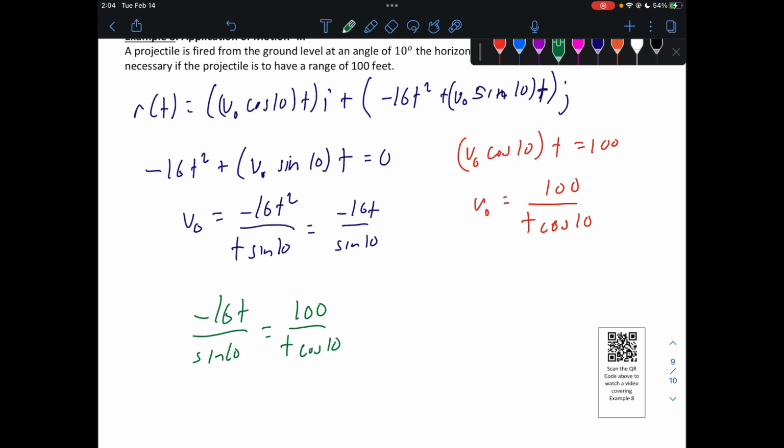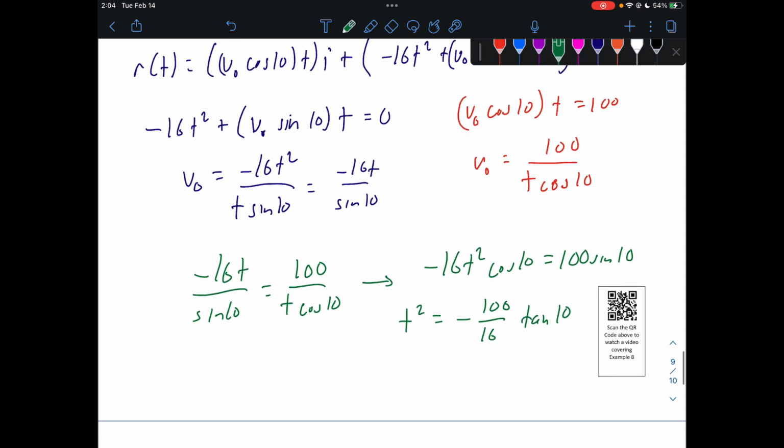If I cross multiply, I would get negative 16t squared cosine 10 equals 100 sine 10. And now we can get t squared equals negative 100 over 16 tangent 10, which I can reduce down to 50 over 8 or 25 over 4.